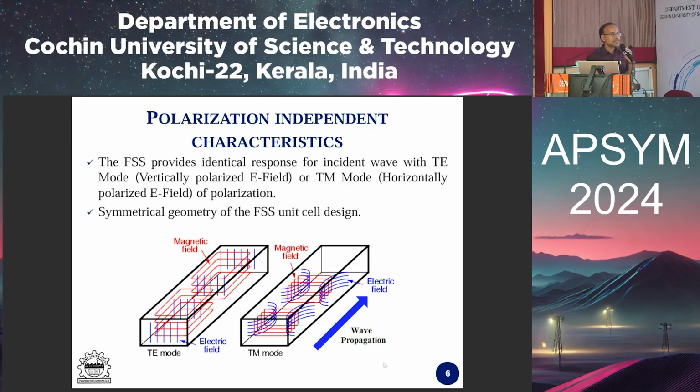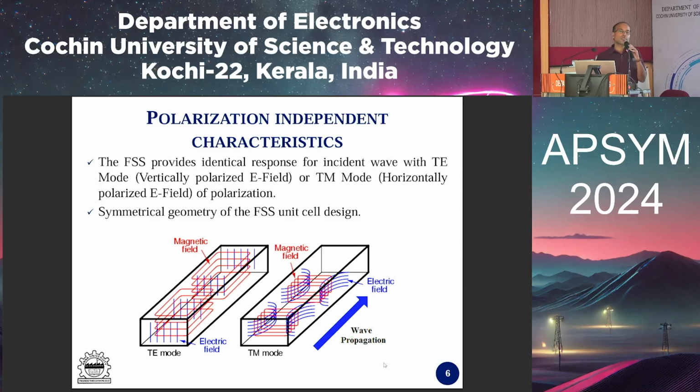For those who are not aware of frequency selective surfaces, when we want to design an FSS, we have to make sure that two characteristics are satisfied by the design we go for. The first one is the polarization independent characteristic. For any incident electromagnetic signal, be it vertically polarized or horizontally polarized, we need to make sure that the designed FSS provides a stable response.